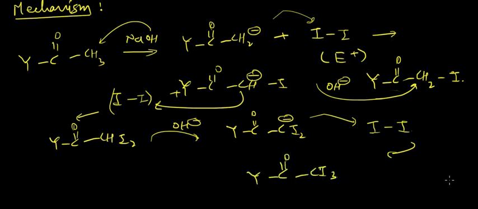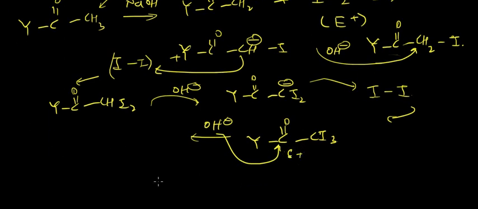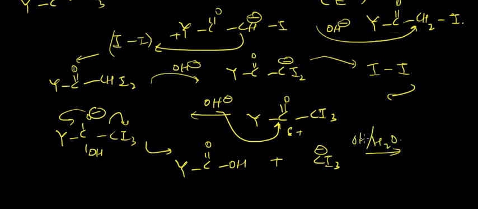Now we are again placing it in OH minus or basic medium. OH will attack this partially positively charged carbon atom, and as a result we'll get O minus and OH attached here, and CI3 also. CI3 will leave the compound as the negatively charged oxygen atom forms a double bond with the carbon atom.